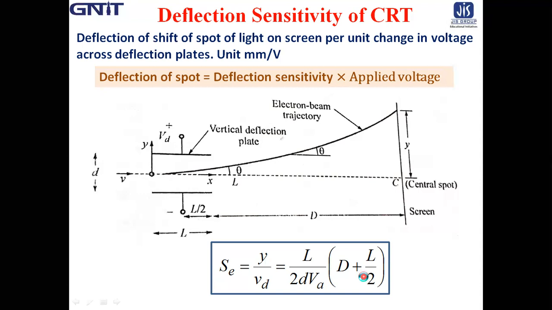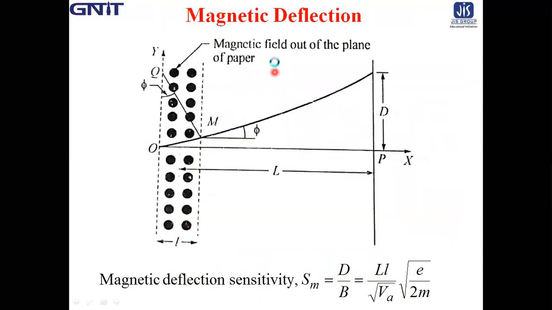Next is the magnetic deflection. The electron beam may also be deflected by a magnetic field provided by a short coil through which current is passed. Here the beam is deflected upwards, and it is assumed that the magnetic field is uniform in the narrow region of the coil.